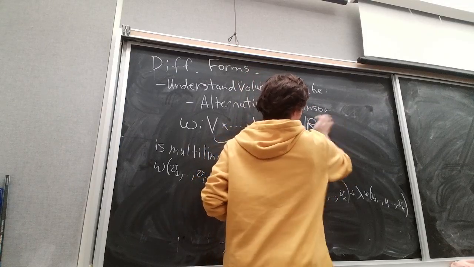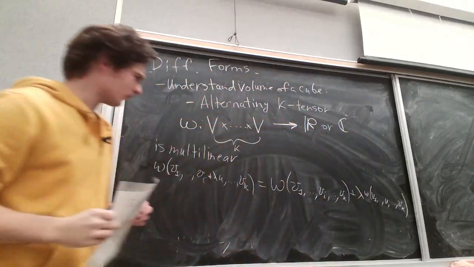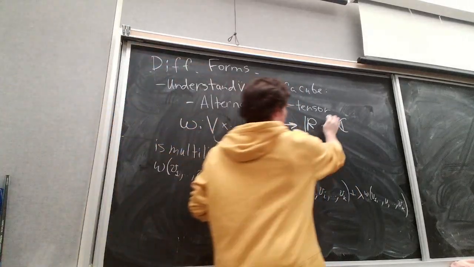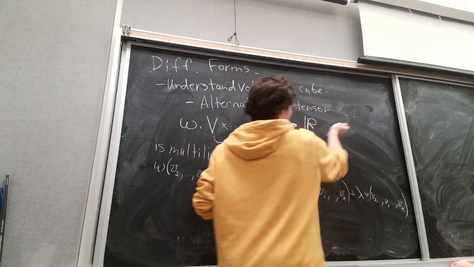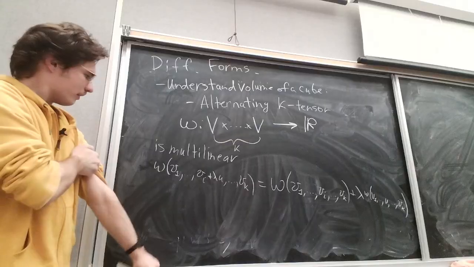R or C, I guess. Either is fine. Actually, no. We want volume to be real. Let's stick with R for now, but in principle it could be whatever if you generalize things.